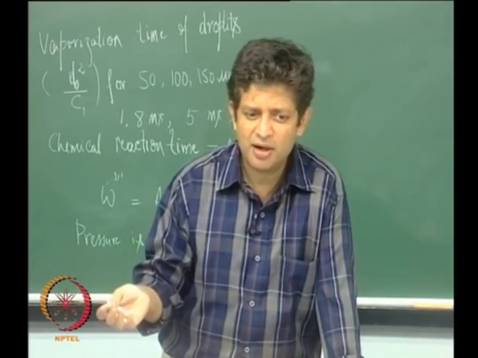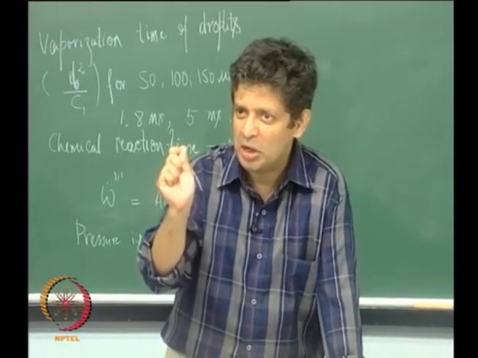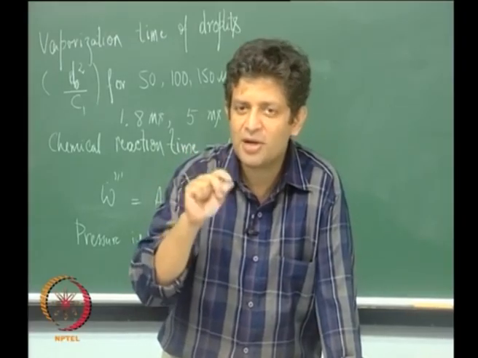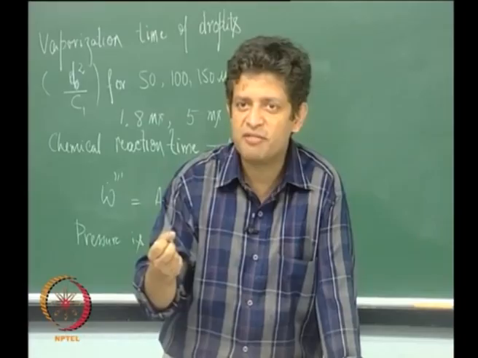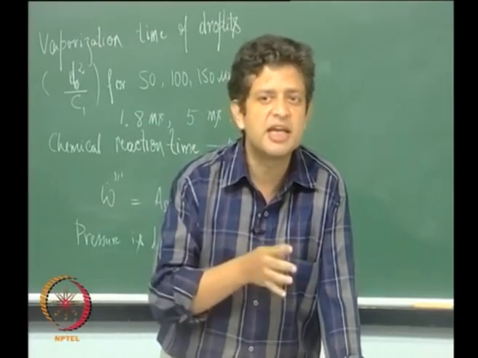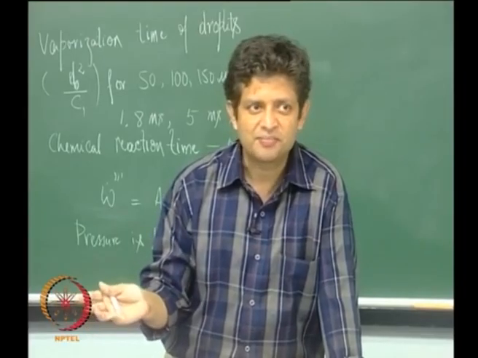This is something similar to a matchstick being made very small, simply because of the surface area to volume ratio, which is very important in heat transfer. The larger the surface area to volume that you have, the better it is for heat transfer.